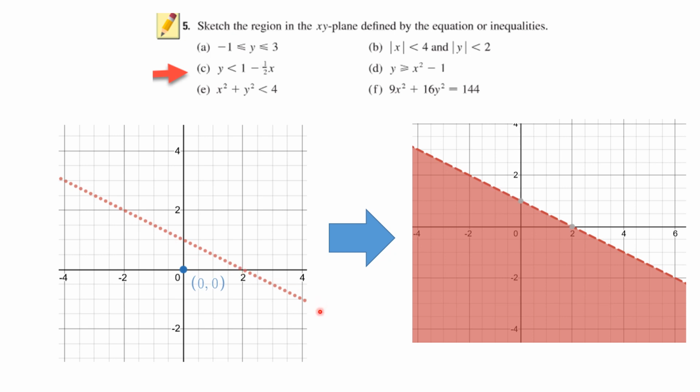And then I will pick a test point to see, is it the half plane underneath or is it the half plane above? Since this does not go through (0, 0), (0, 0) is an excellent test point. I'll test (0, 0). And if I put 0 for x and 0 for y, I'll have 0 is indeed less than 1. That is true. So that means I'm going to shade the half plane containing my test point (0, 0), and so the graph will look like this. Note the line is indeed dotted.